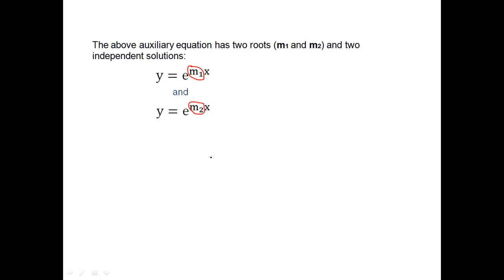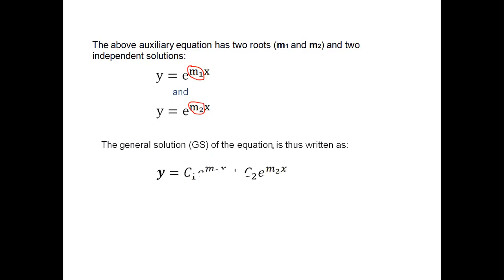So m1 and m2 are the characteristic roots of the auxiliary equation. Now, to get the general solution of the equation, we simply combine the two independent solutions. So we have y equals c1 e raised to the power m1x plus c2 e raised to the power m2x.